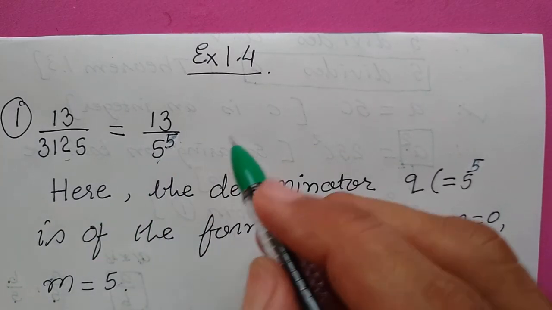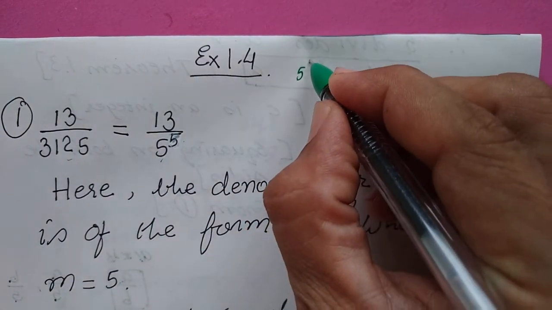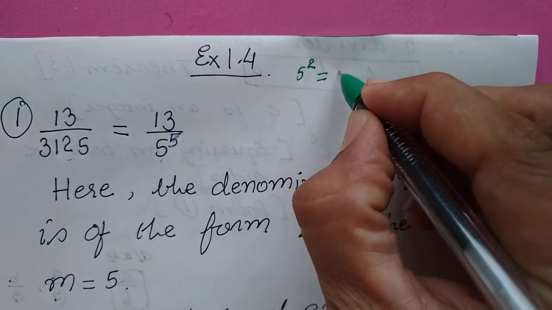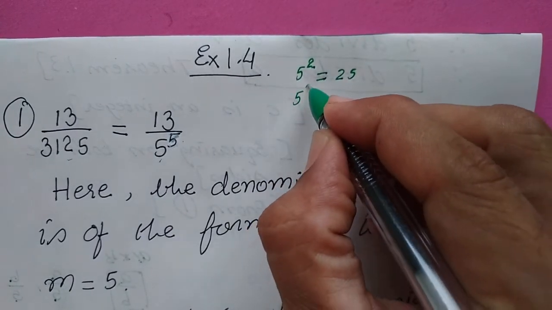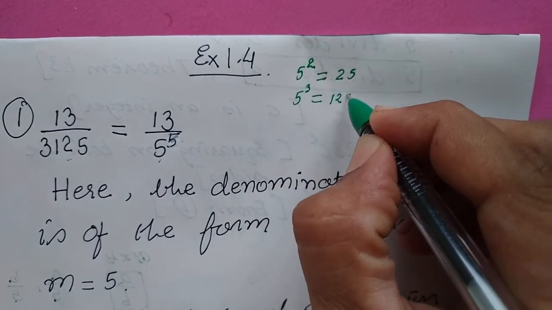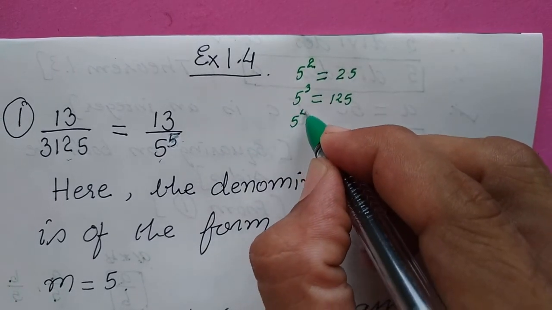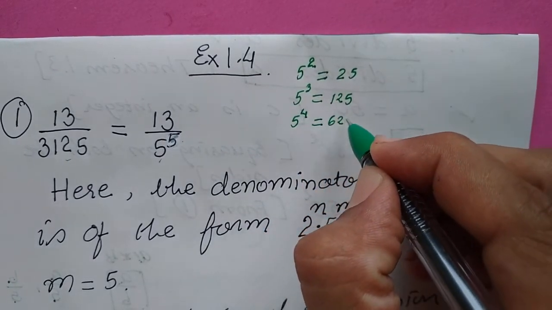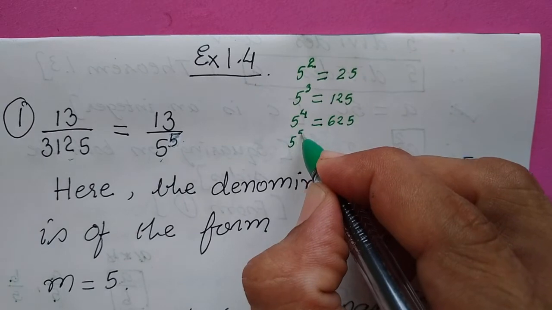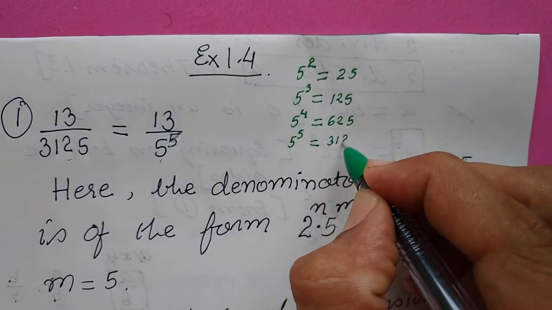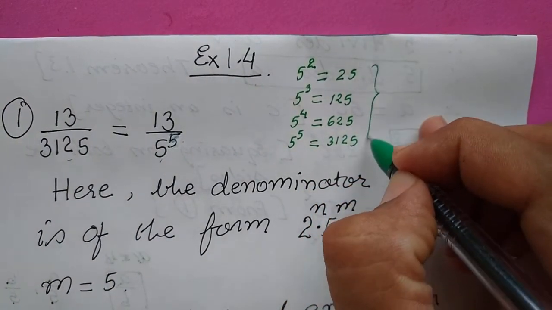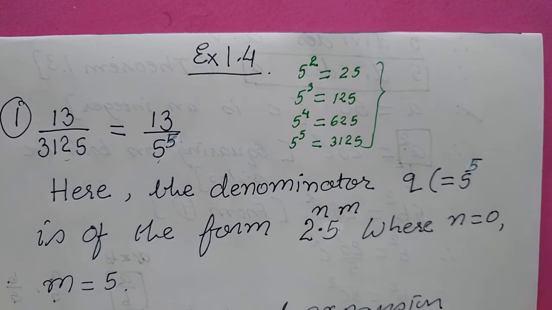Here, children, I suggest that you prepare these: 5 square, 25; 5 raised to 3, 125; 5 raised to 4, 625; 5 raised to 5, 3125. Remember this. Okay, this will be useful.